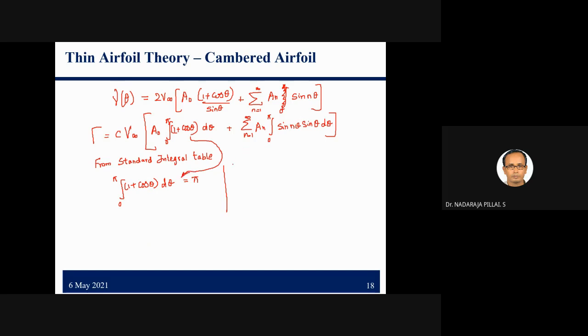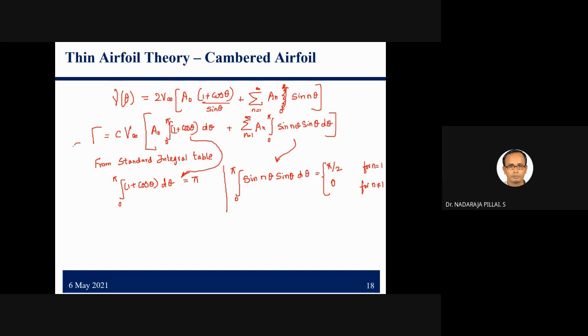And we can again write from the standard integral 0 to pi sin n theta sin theta d theta, because here n is involved, right? So we will consider two cases, n equal to 1 and n not equal to 1. For n equal to 1, we arrive at pi by 2, and if n is not equal to 1, it will become 0.